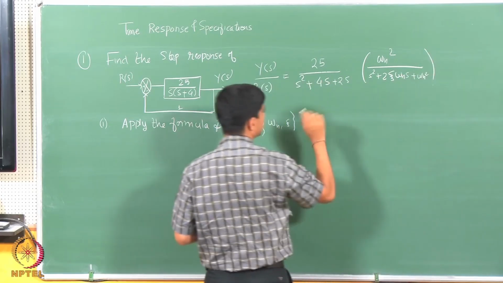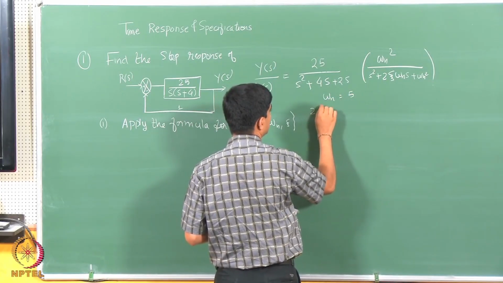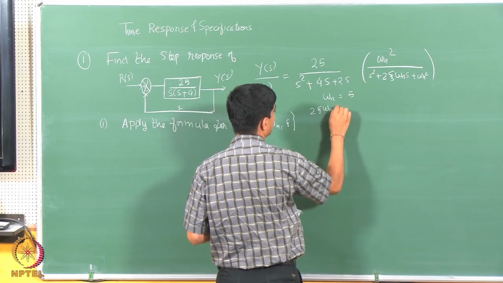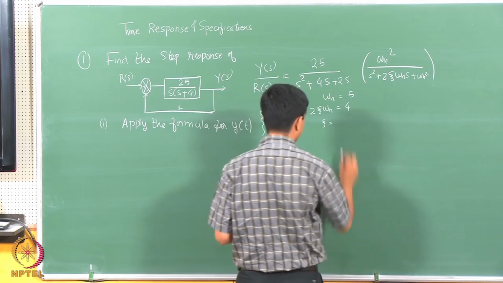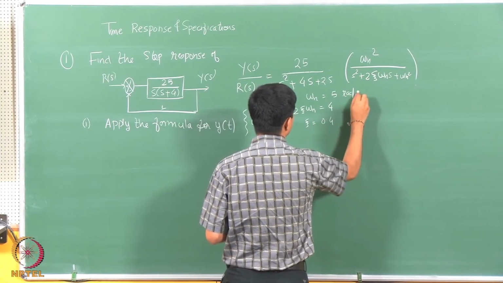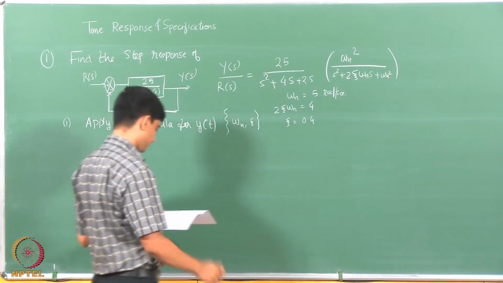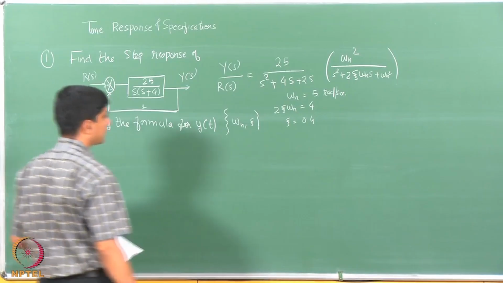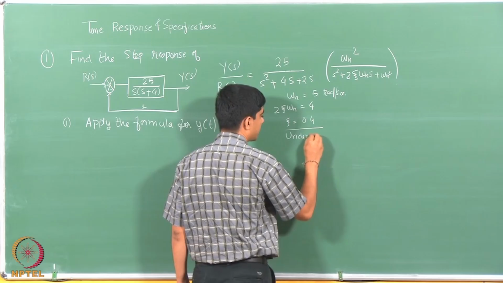Therefore, I can easily compute omega n is 5 and 2 zeta omega n is 4, and therefore, zeta can be easily computed to be 0.4, and omega n is in radians per second. Then you can clearly see that this is an underdamped system.